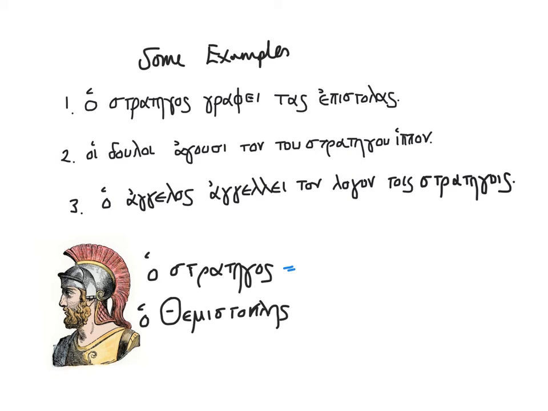Strategos means general, and it's actually a mixture of two Greek words. There is stratos, which means army, and there is the verb ago, which we met earlier in the lesson, which means I lead. So, if you put those words together, the general is an army leader.